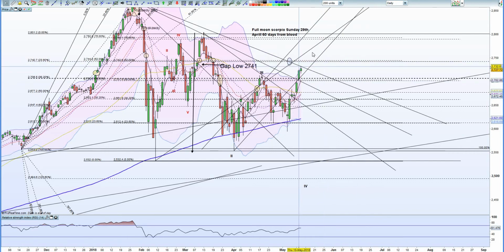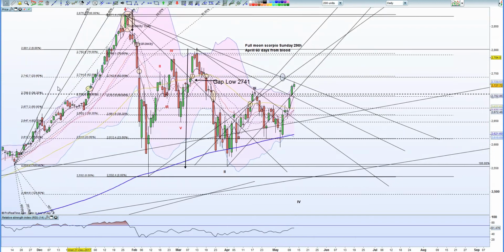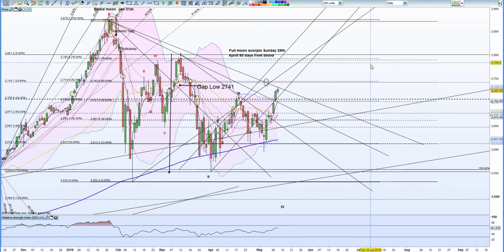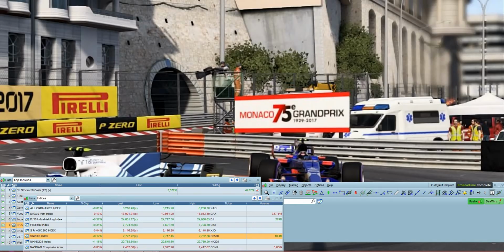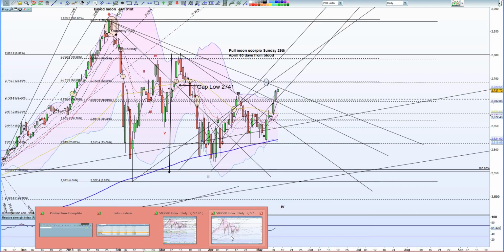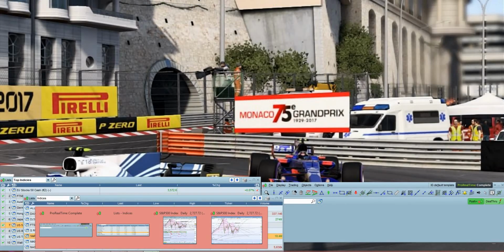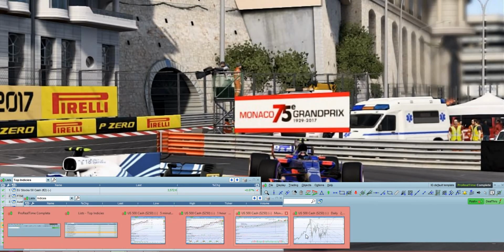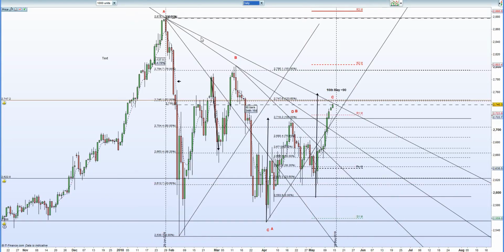We've got one on Wednesday this week, which is a 90-day squared cycle. If I just pull this chart down for a second and open the other chart, open this one. Now this chart actually includes the futures trading.